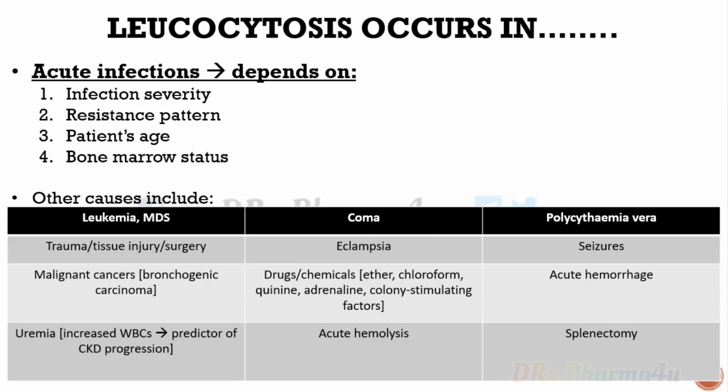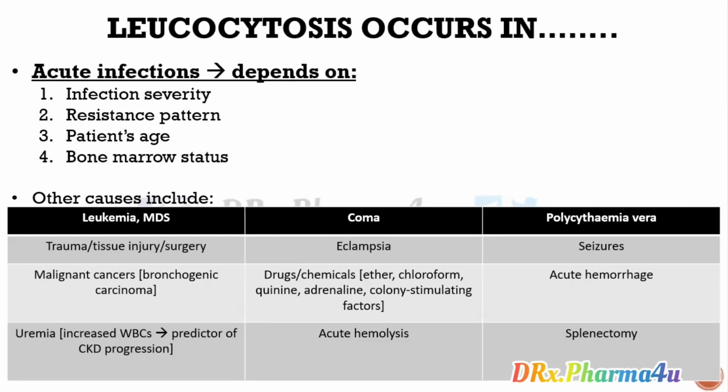If you have malignant cancers, for example bronchogenic carcinoma, meaning any cancers related to the lung, increased WBCs have been observed in that condition also. In uremia, this is very interesting, increased WBCs have been seen as well.